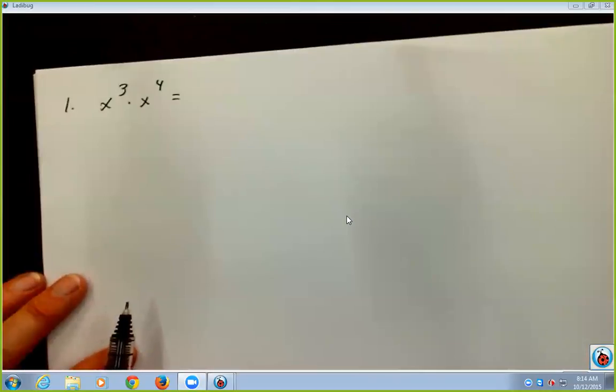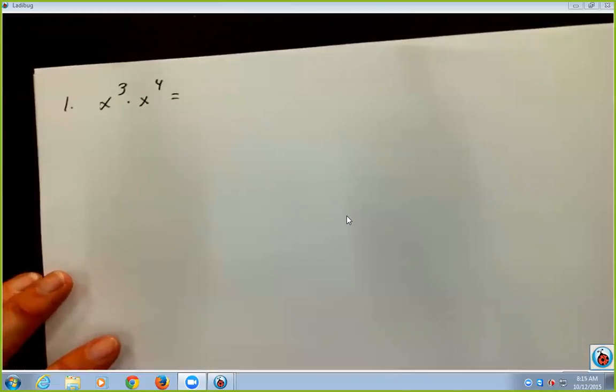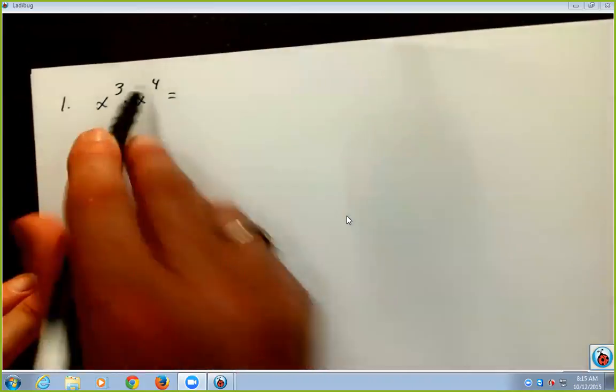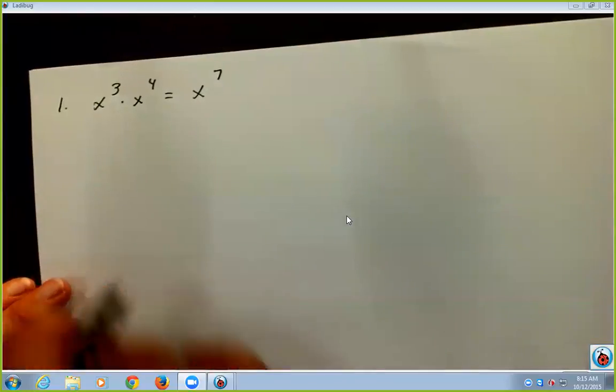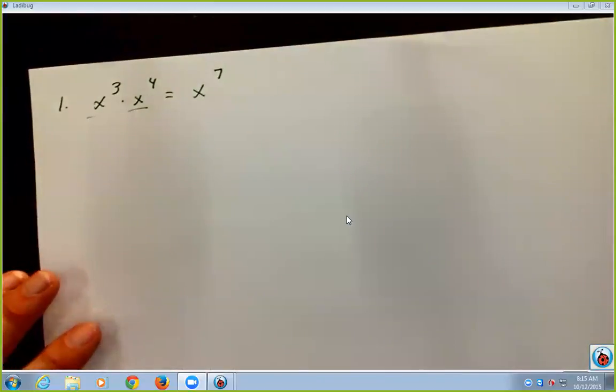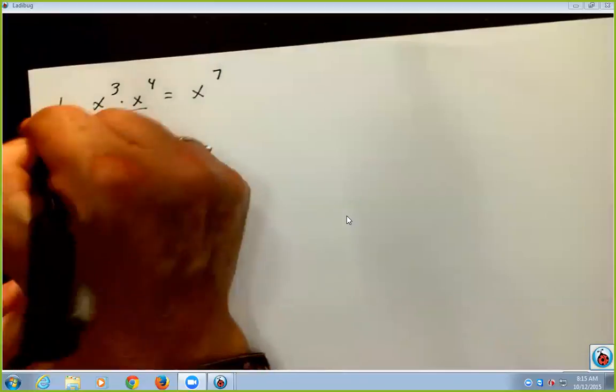What happened to the exponents? Nobody knows? What did I do if the bases were the same? Pardon? What did you do to them? You add them together. 3 plus 4 is x to the 7th. So I add my exponents. If my bases match, I add my exponents.